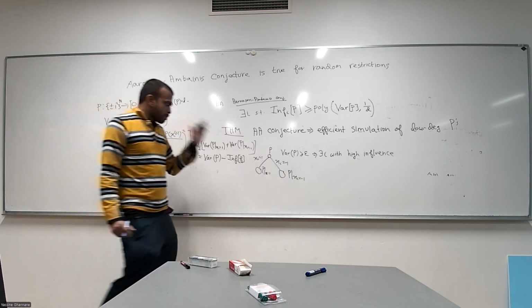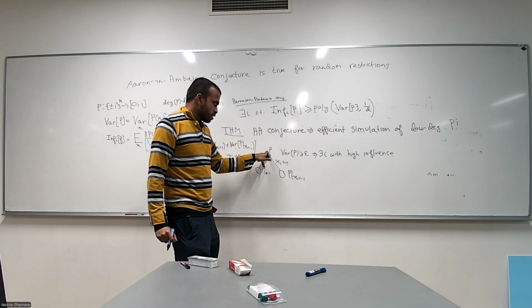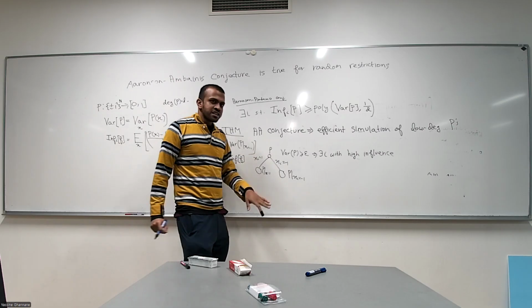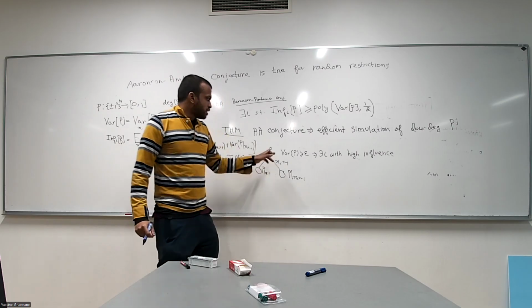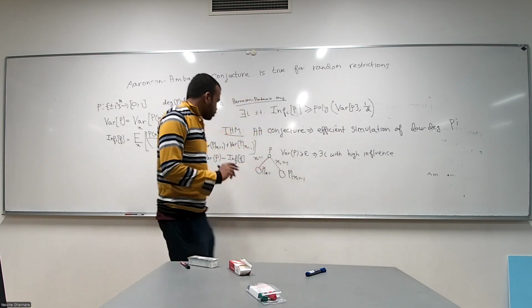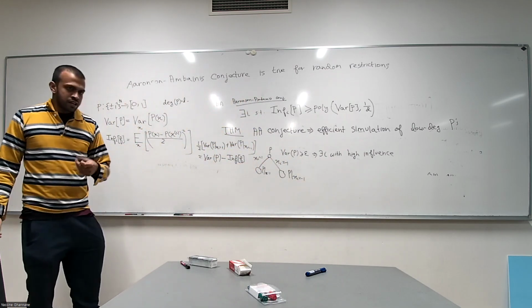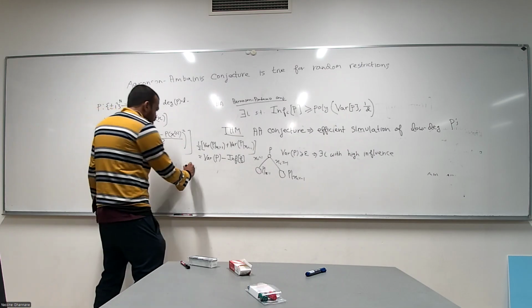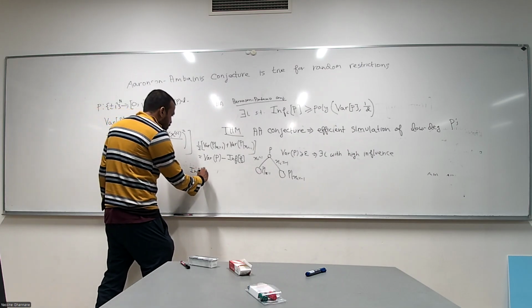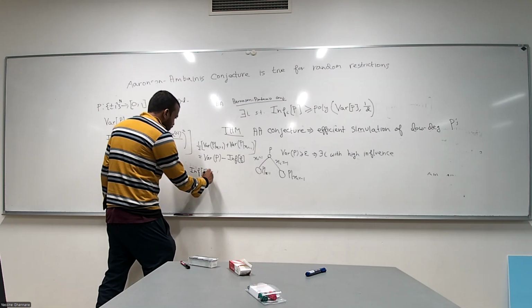So what has happened here is that initially your variance was large. In these two branches, the average variance has dropped significantly since the influence of the coordinate that you queried was high. And I'm going to use one more fact about analysis of bounded functions: the influence of a bounded function is always upper bounded by its degree.